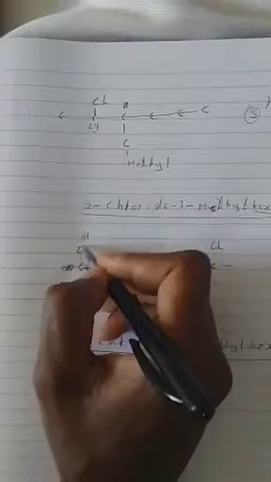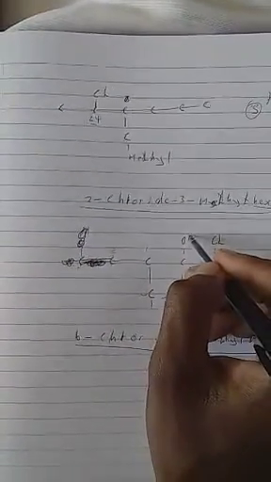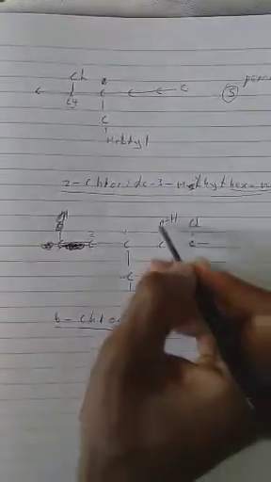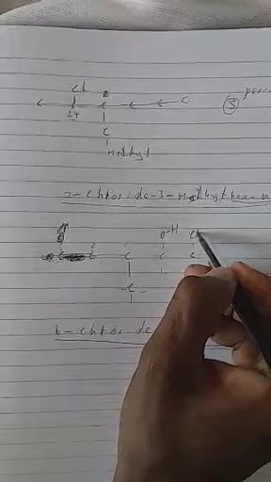If the functional group was here, which is alcohol in this case, it means the closest end is this side with reference to the functional group, meaning you will start from this side, and this will become 1.